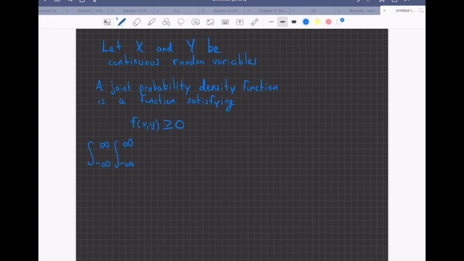They're going to be only like examples that I'm covering here. So this double integral, improper integral, dx dy is equal to 1. And the probability that x and y belongs to A is equal to the double integral over the region A.